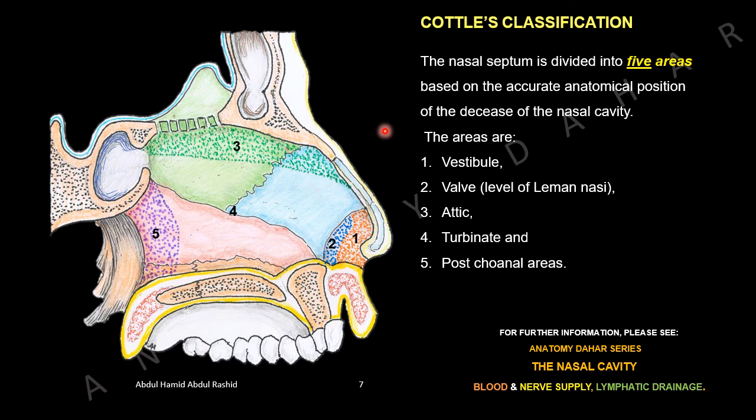The areas are: number 1, vestibule; number 2, valve, at the level of the lamina nasi; number 3, attic, high up there; number 4, turbinate, where the turbinates are located; and number 5, postchoanal area, which is near the posterior aperture. For further information, please see Anatomy DAHAR series, the nasal cavity, blood and nerve supply, lymphatic drainage.